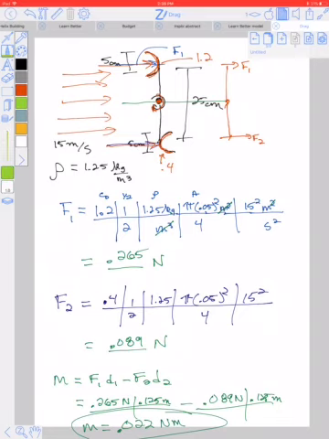And some other information here, we've got a wind speed of 15 meters per second, the diameters of the vanes, and the density of the fluid, density of air. So let's find F1. F1 is 1/2 C_D (1.2) rho A V squared. And you do that math and you get 0.265 newtons.